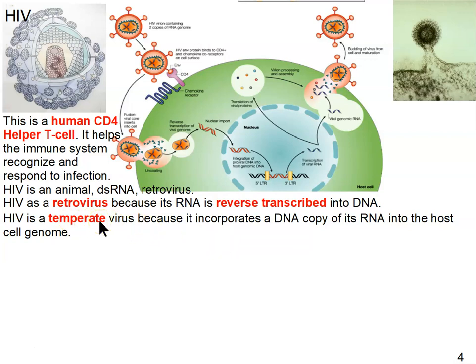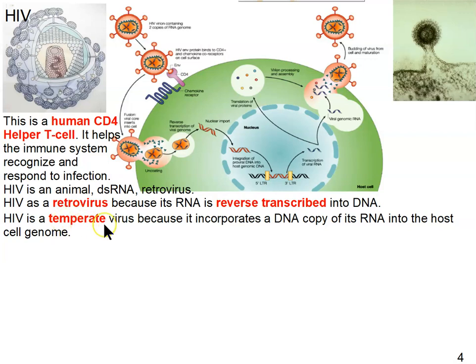That can be quite a while. In somebody who is not being treated for HIV infection, it can be as long as 10 years before the provirus is expressed. If a patient is receiving treatment, it can be indefinite.